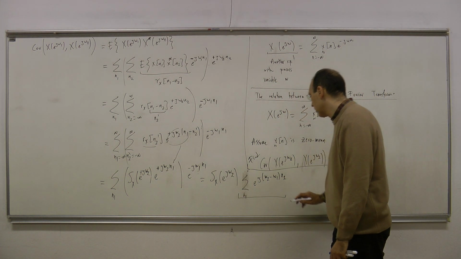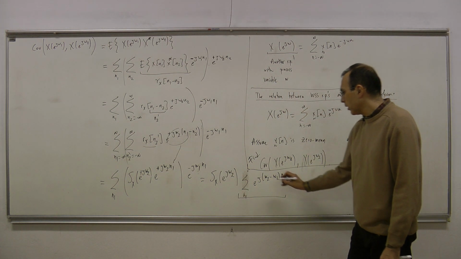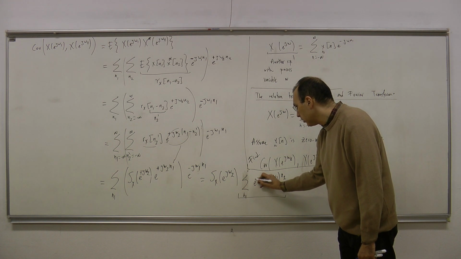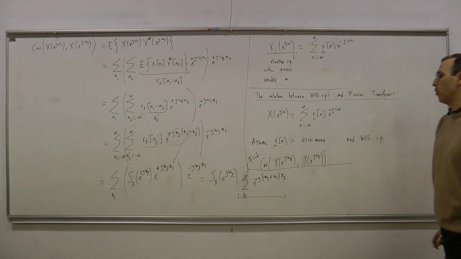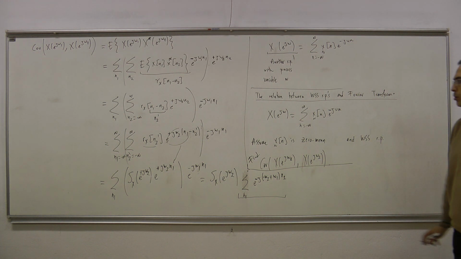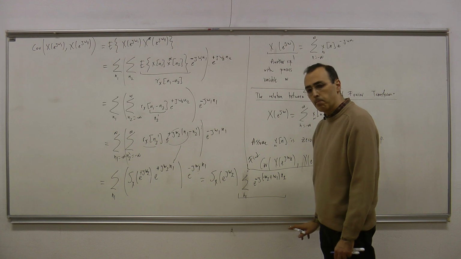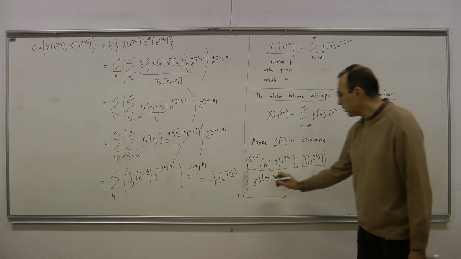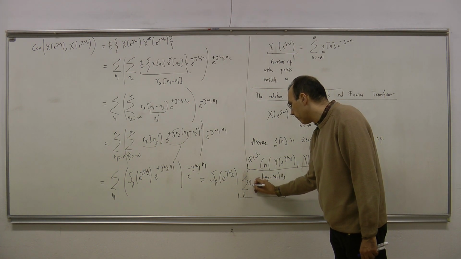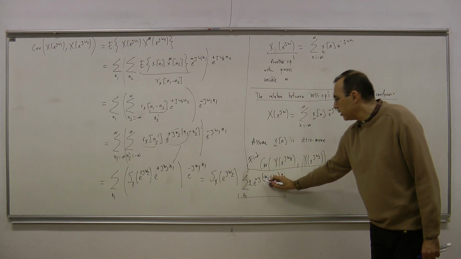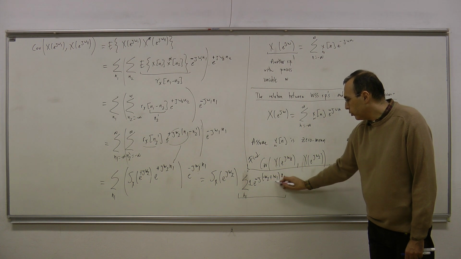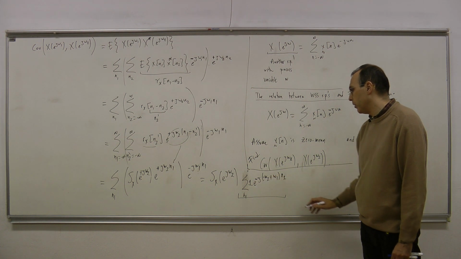So about this one? Well, if you wish, I can put a minus sign over here, and this will be plus minus like this. Omega 1 minus omega 2. So what's the value of this summation? This is nothing but the Fourier transform of 1, where the Fourier domain variable is omega 1 minus omega 2.